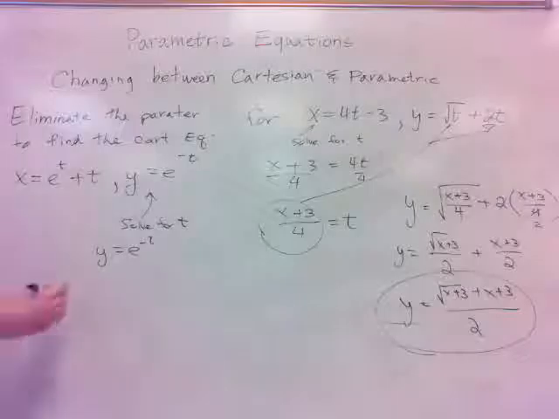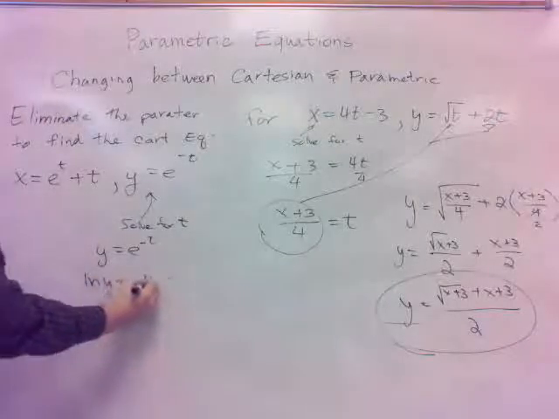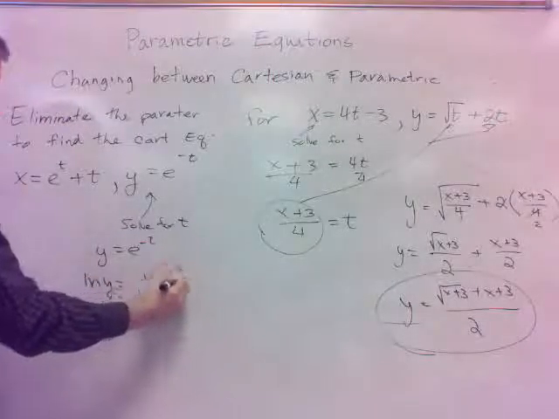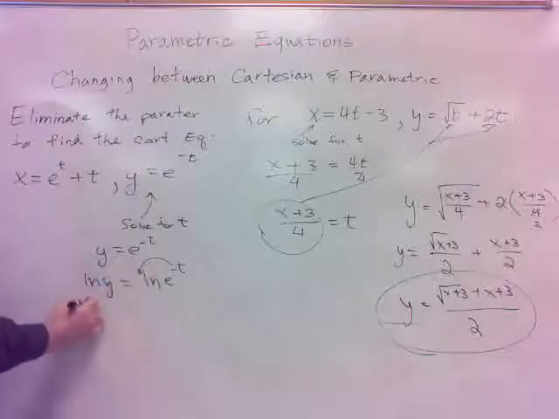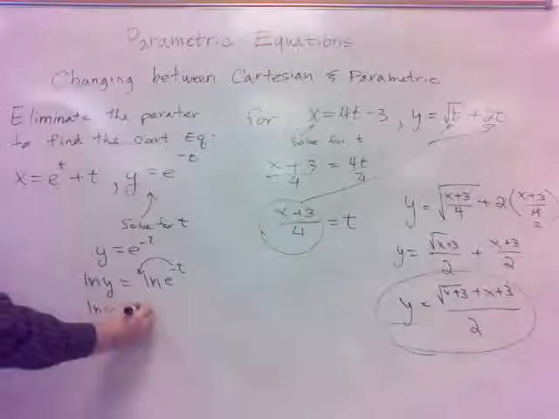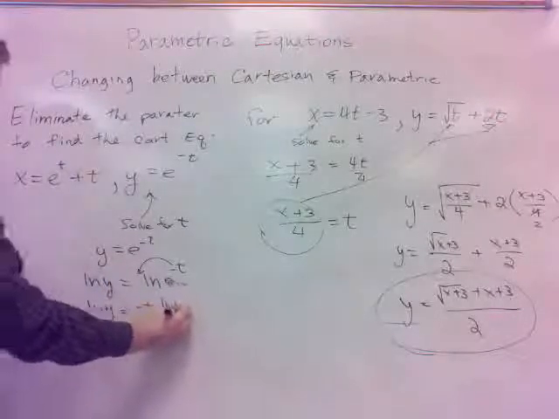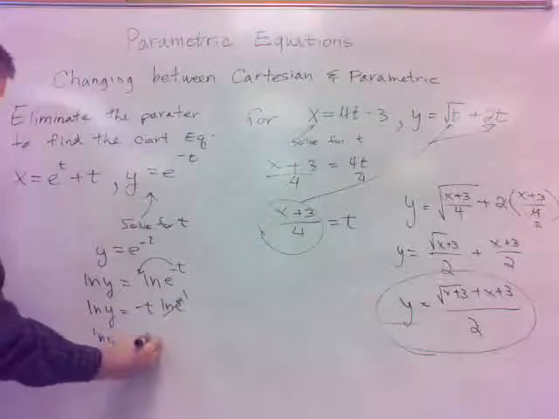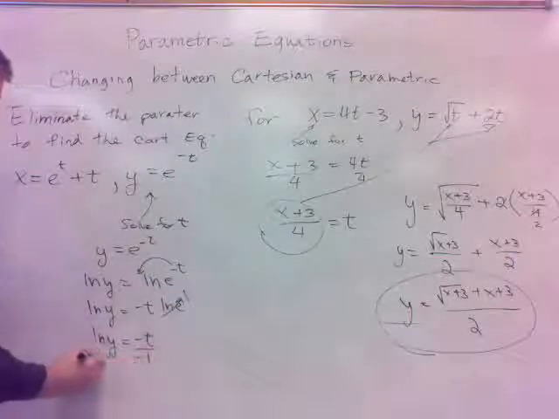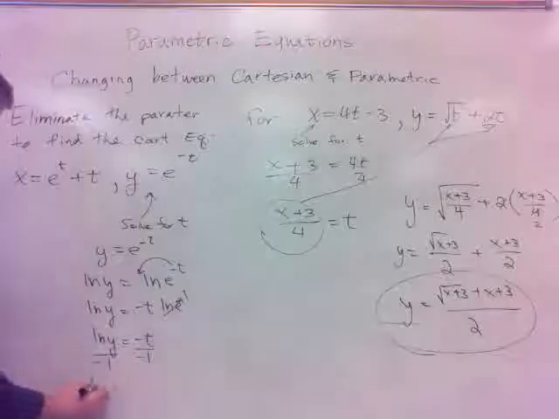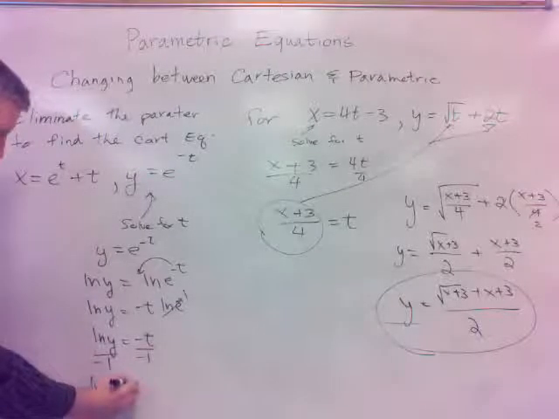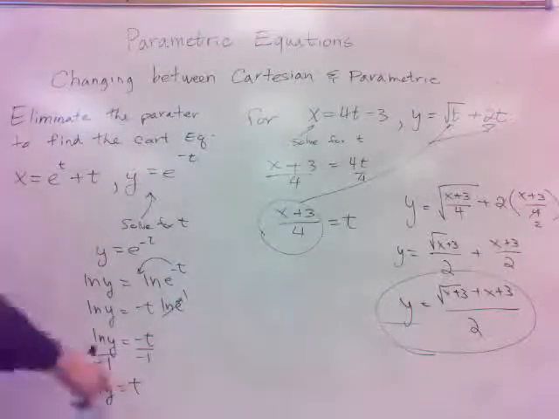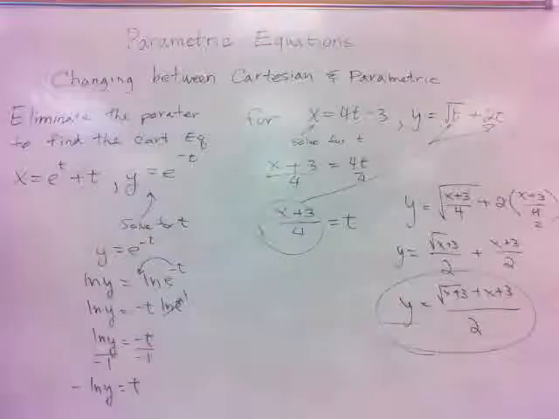Take the ln of both sides, and then that allows us to bring the power down. ln of e is 1, so I just have ln of y equals negative t, so just divide by negative 1. So negative ln of y equals t. And we could do some other things with that with the power log rules.